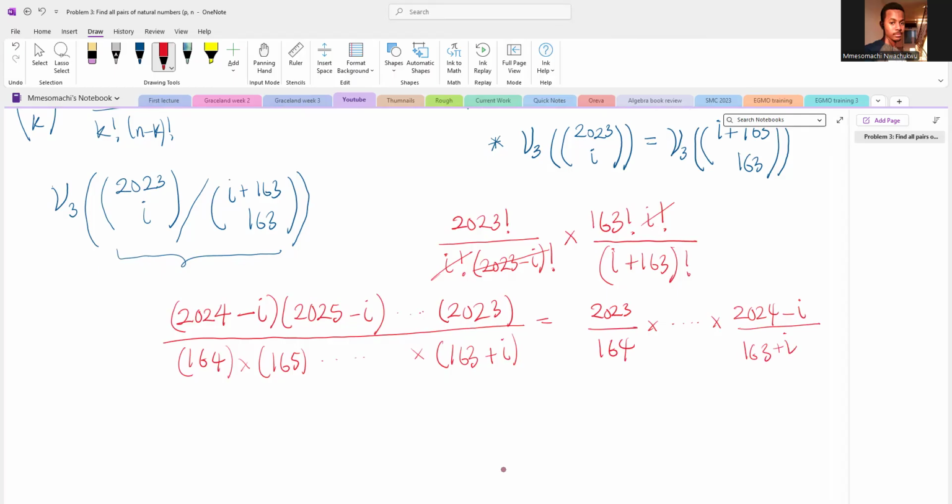Okay, so this is going to be equal to, so we're going to try to do some shift. So this is going to be 2187. So we have 2187 minus 164, divided by 164.